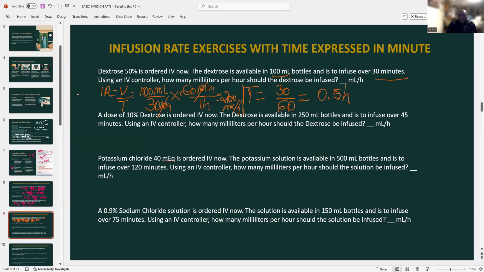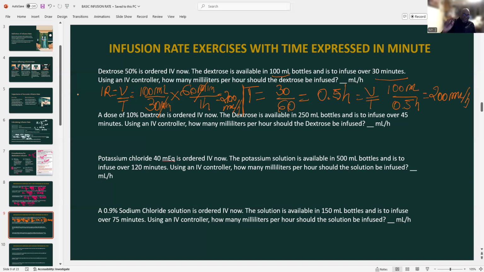You know infusion rate is volume over time, and we learned the time must be in hours. You can now do 100 ml divided by 0.5 hours. Once you do that, you should get 200 milliliter per hour. But I do not want you to do approach number 2 because you will get stuck.